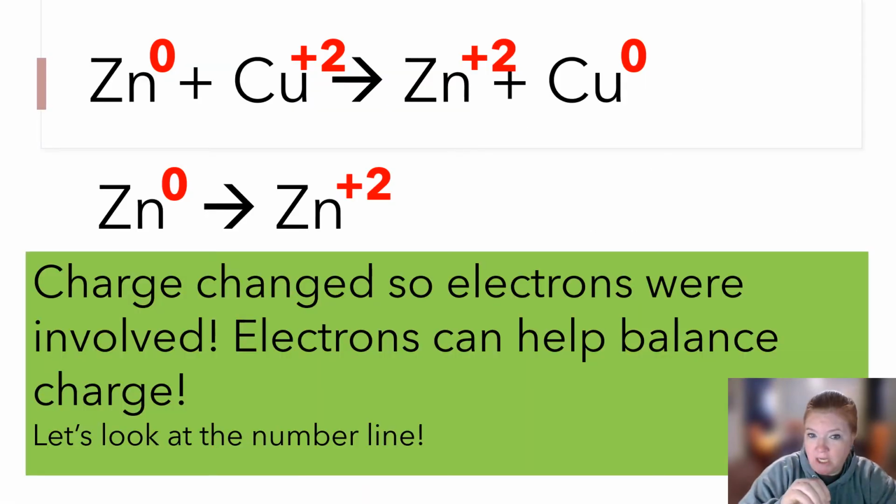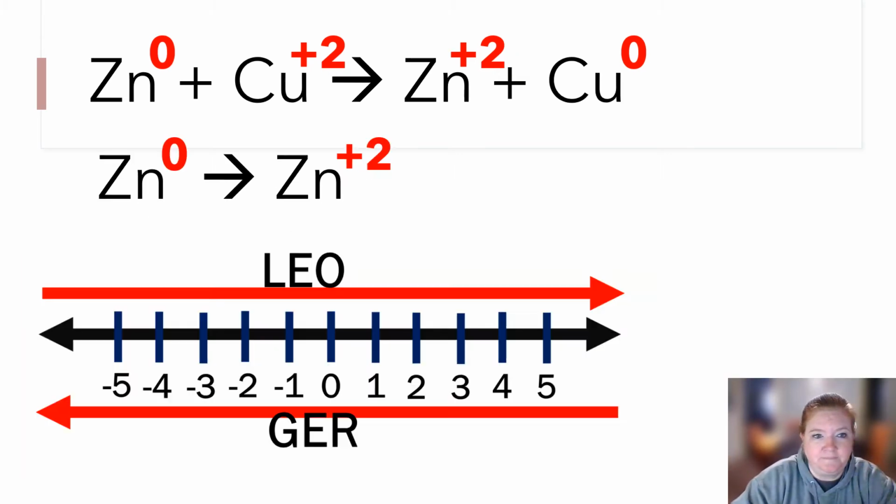The charge changed. So that means electrons were moving. Electrons will help us balance the charge. So let's go back to the number line. All right, here's our number line. We started at 0. We moved to +2. Okay, so how many spaces did we move on that number line? 2, right?